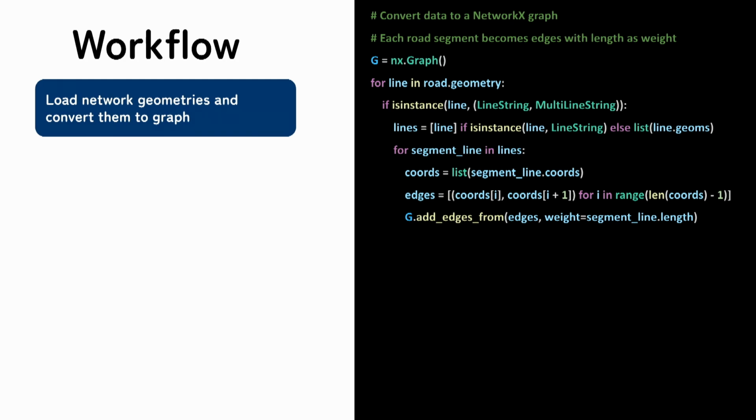First, I load the network geometries, whether they are roads, rivers, or any other line features, and convert them into a NetworkX graph structure. Each line segment will become an edge in the graph, and I use the segment's length as an edge weight.